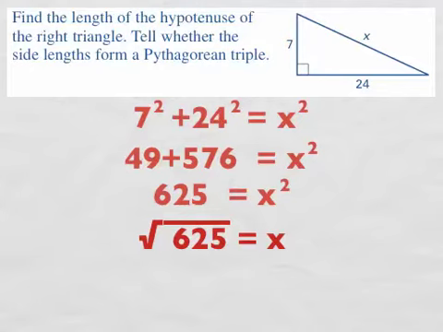If you're in my class, you can use a calculator, so you could just plug it in. The square root of 625 is 25. So to tell whether the side lengths form a Pythagorean triple, the answer would be yes, they do form a Pythagorean triple because 7, 24, and 25 are all whole number lengths.